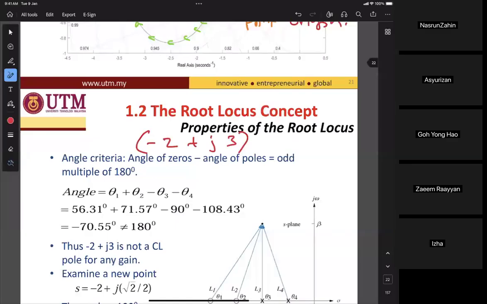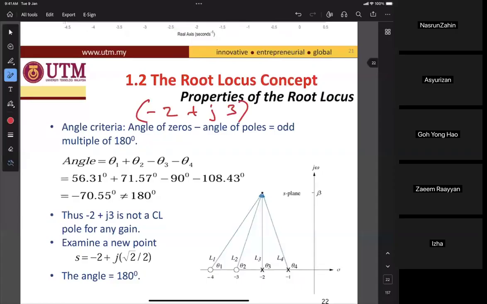Is this point on the root locus or not? By using the angle criteria, we assume the point is here, minus 2 plus J3.